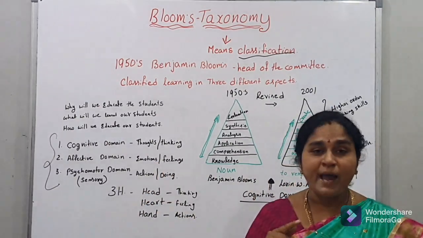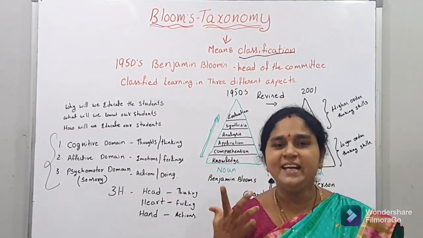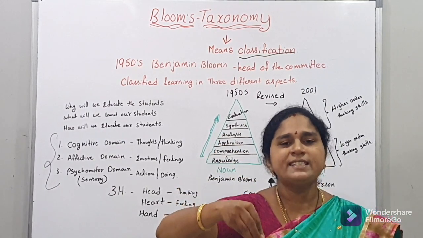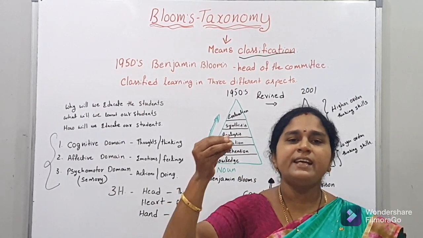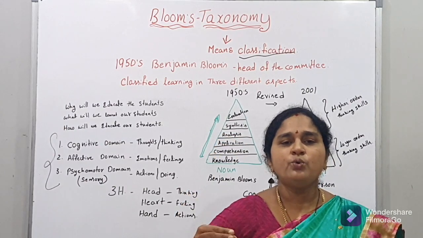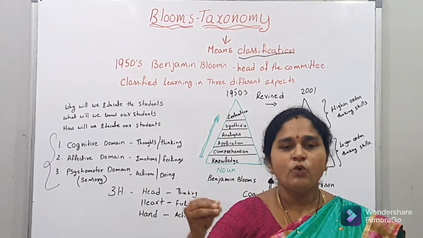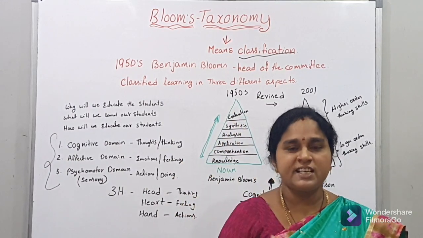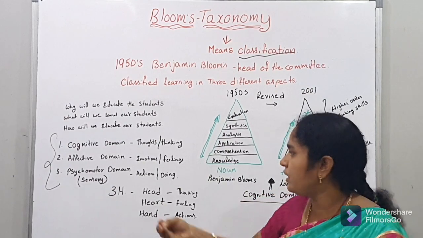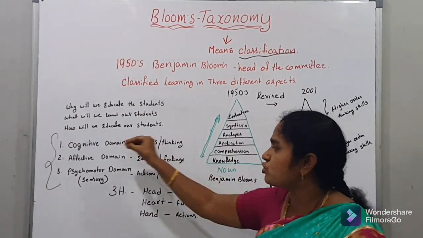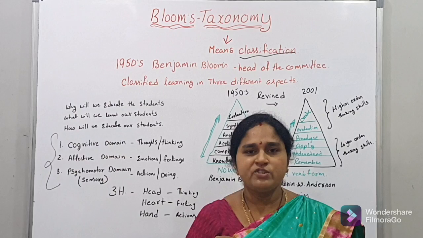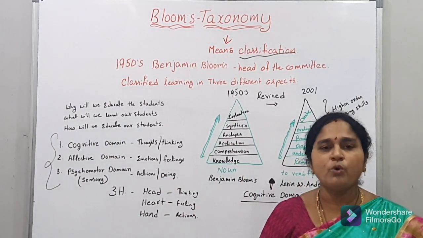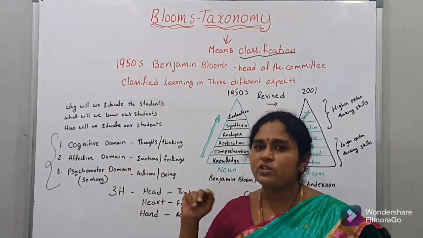And affective domain means emotions and feelings: what emotions and feelings are involved in their subjects, in their evaluation and synthesis, and what creation they do for such work, such projects. Those emotions and feelings are the focus of the affective domain. And actions and doing are the focus of the psychomotor domain.